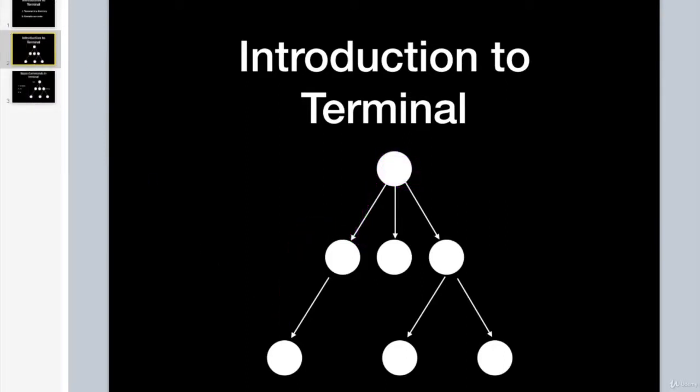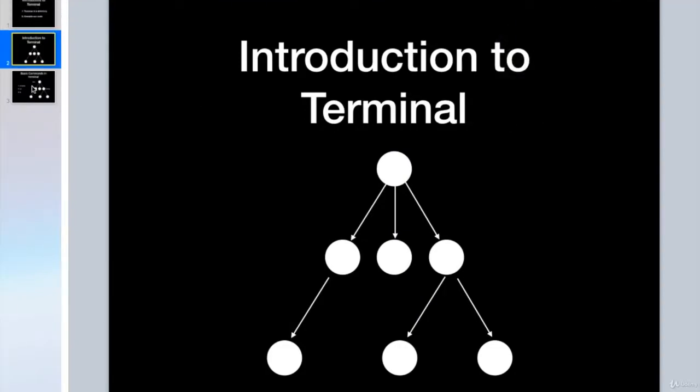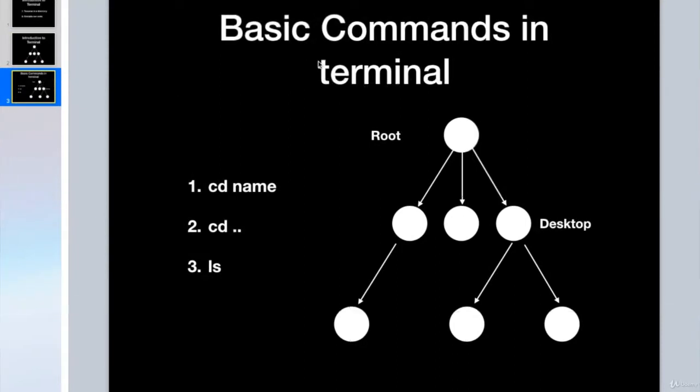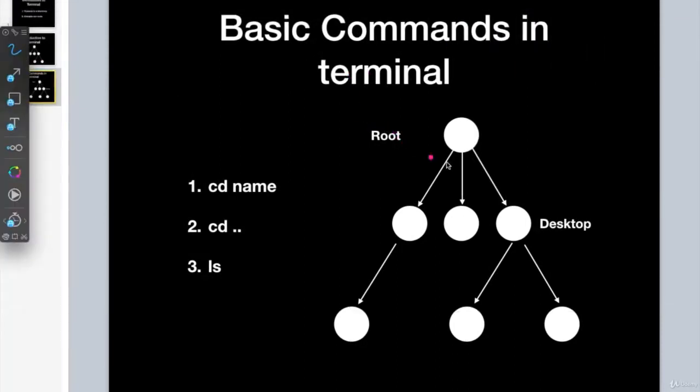Let us see what commands we need to learn to traverse in a directory using terminal. There are three basic commands. Suppose you are inside this folder, and we name it root. We have three different folders inside this root, and we want to move towards this folder, the desktop folder.